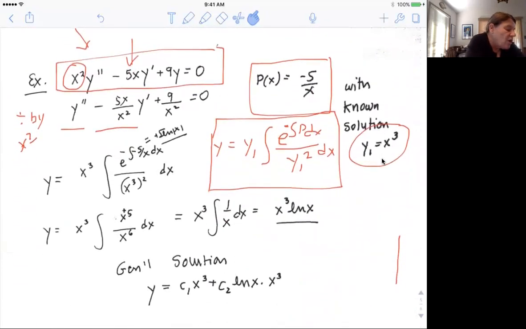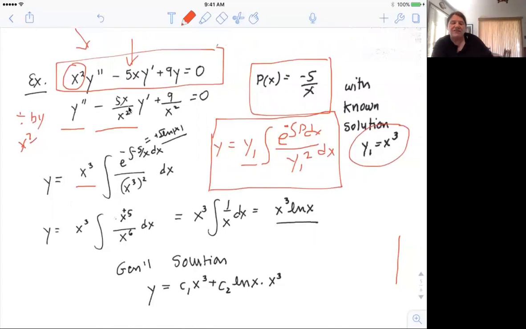So my known solution was x cubed. So what I do is I put x cubed there, all right? Then it's e to the minus integral of p of x. Well, guys, p of x was minus 5 over x.